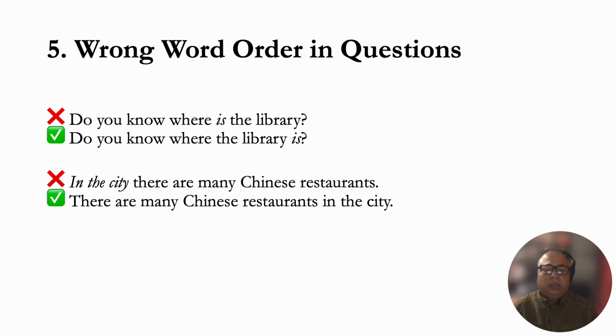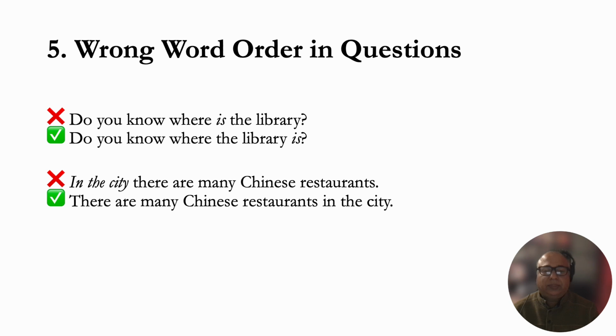Number 5, wrong word order in questions. Now, linguistically, word order is syntax, the way words are arranged in a sentence. Do you know where is the library? Can you tell why that is incorrect? And why the second one is correct? Do you know where the library is? So the first one is incorrect because there are two questions in the same sentence.